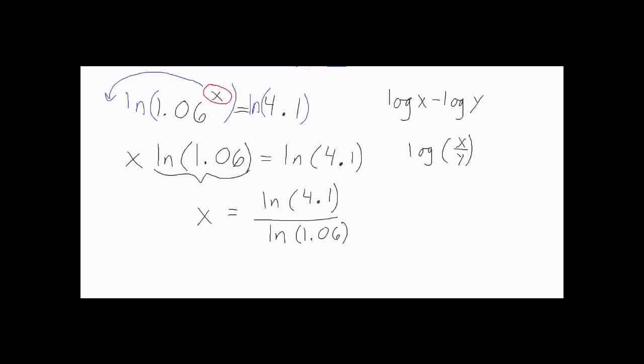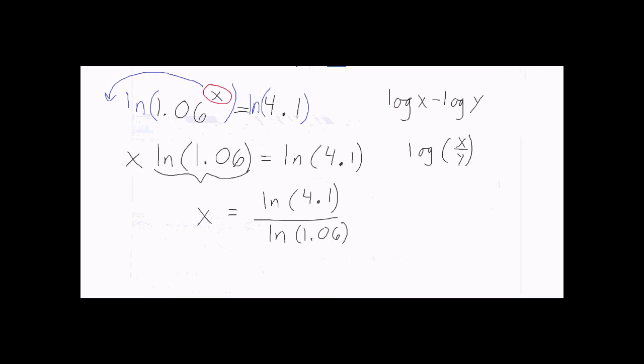Okay, let's take a look at number 3. 40 times 1/2 to the x over 3 equals 10. Let's write this down. 40 times 1/2 to the x over 3 is equal to 10. Same situation. You've got your variable in the exponent, so you're going to have to take a natural log to get him down.